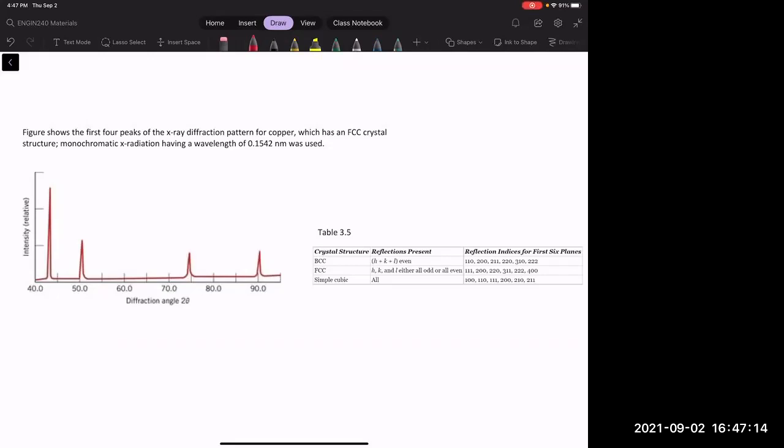Normally we rotate the sample at different angles, so we try to see at a certain angle you are going to have a peak. At certain angles you are going to have a very, very small number.